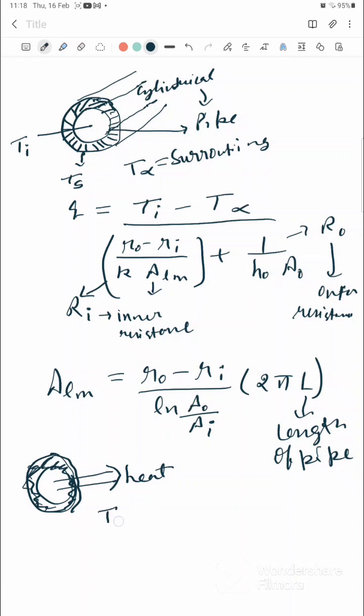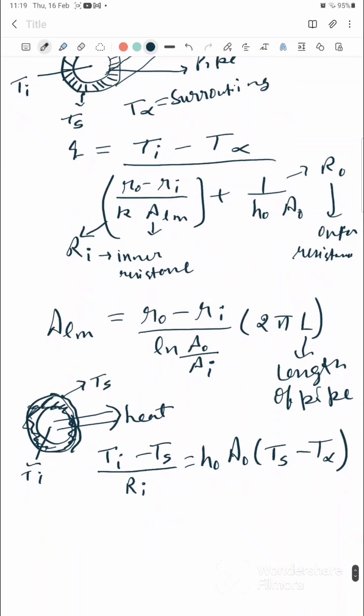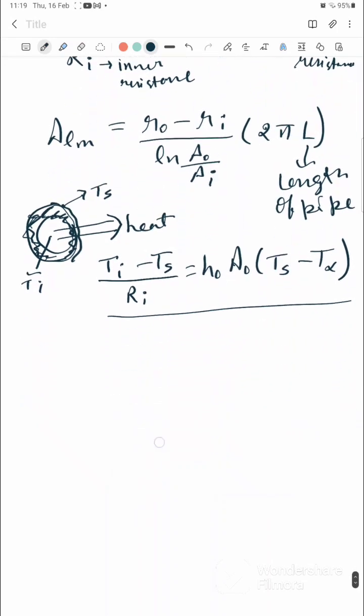So relation Ti, this is Ti, this is Ts, Ti minus Ts upon Ri is equal to H naught A naught Ts minus T infinity. Okay, this relation can be useful.